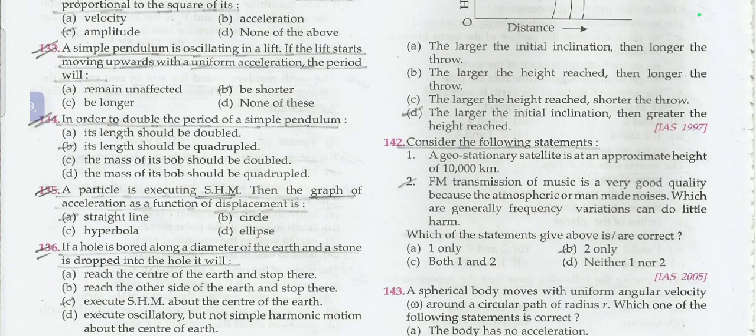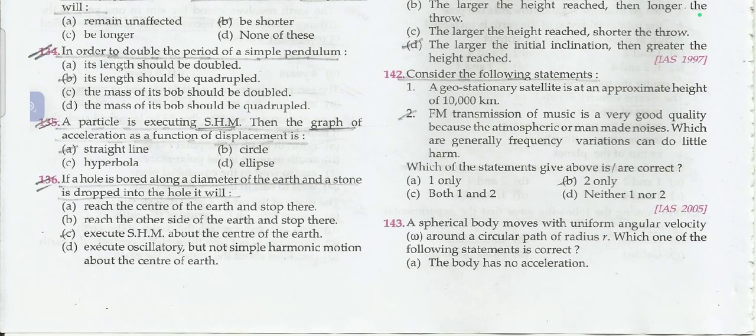A particle is executing SHM, then the graph of acceleration as a function of displacement is a straight line. If a hole is bored along a diameter of the earth and a stone is dropped into the hole, it will execute SHM about the center of the earth.